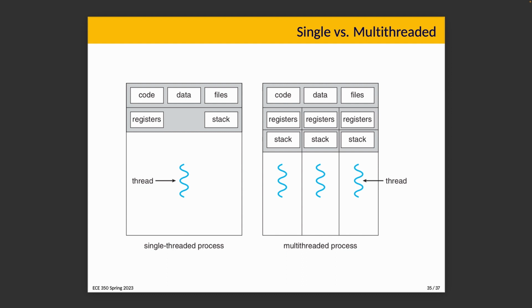The code, the data, the files are all shared, but each individual thread has its own registers, has its own stack, and has its own execution context, where we are in the execution of that thread. And threads are, as per usual, represented as a little squiggly line, as though it is a piece of thread that's fallen from an item of clothing. That's not really how they work, of course, but that's the traditional representation of one.